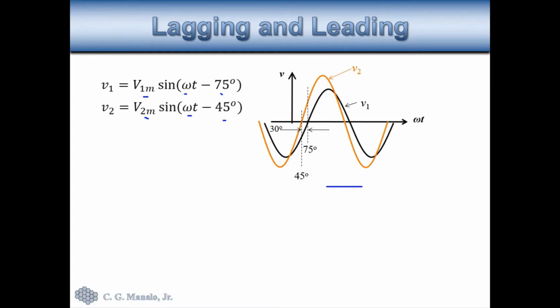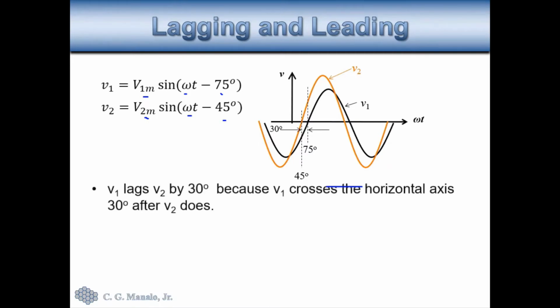So looking closely at the two sinusoids, we can state that V sub 1 lags V sub 2 by 30 degrees because V sub 1 crosses the horizontal axis 30 degrees after V sub 2 does.